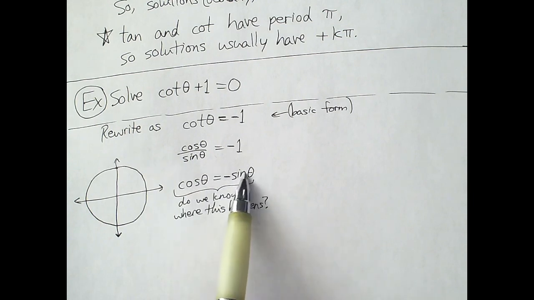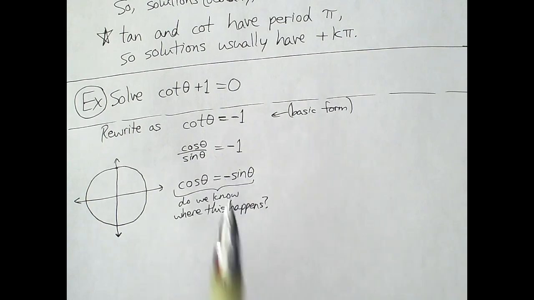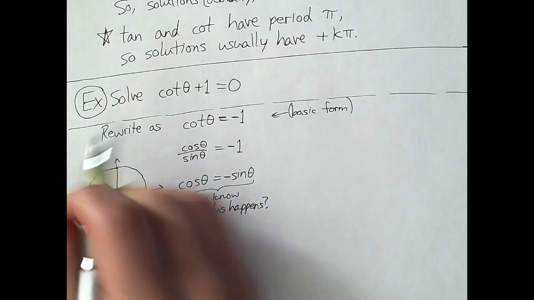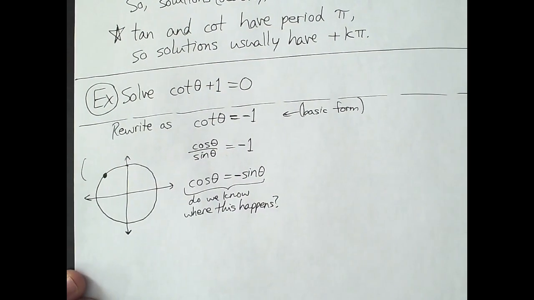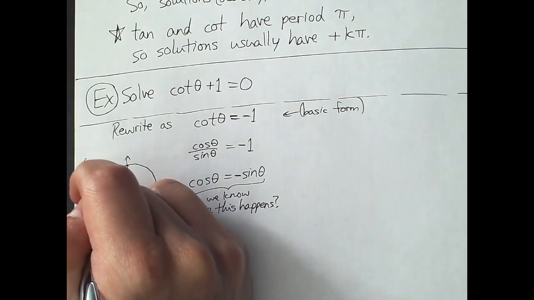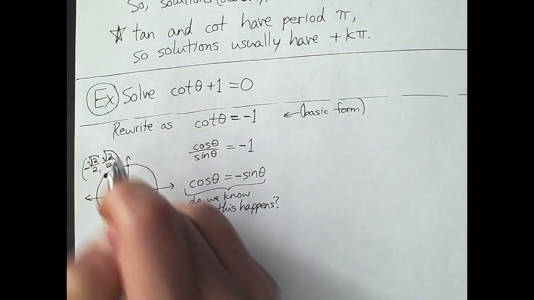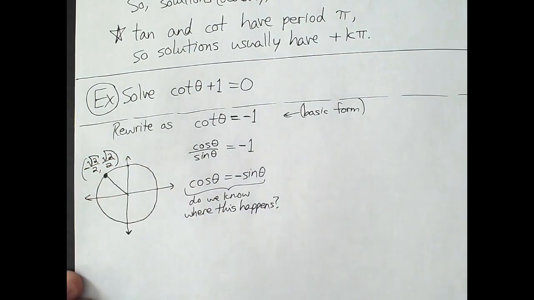They're like the same number, but the cosine has a minus in front. Yeah, how about this point? This point comes to mind. What is this point? This is negative square root of 2 over 2, comma, square root of 2 over 2. Doesn't that satisfy this?